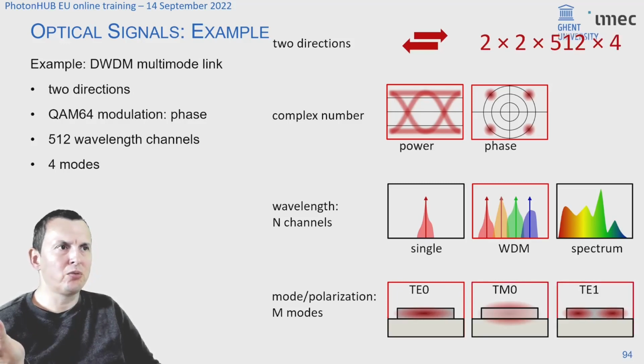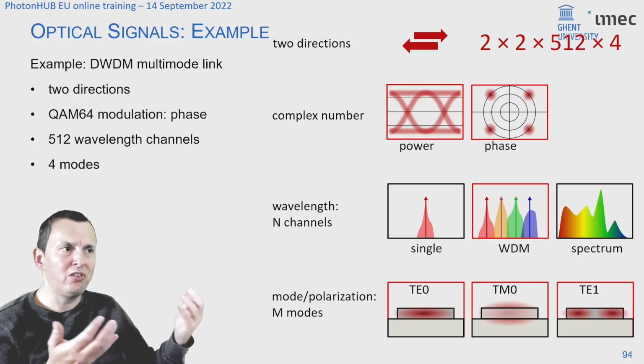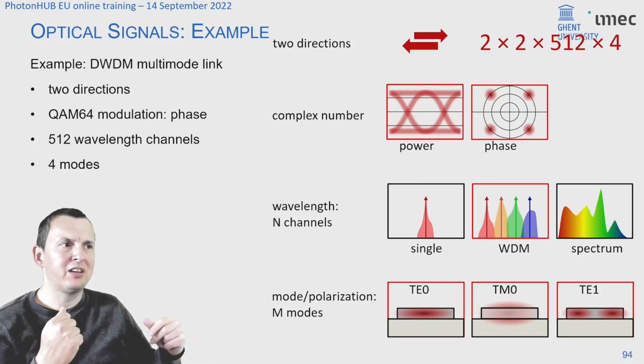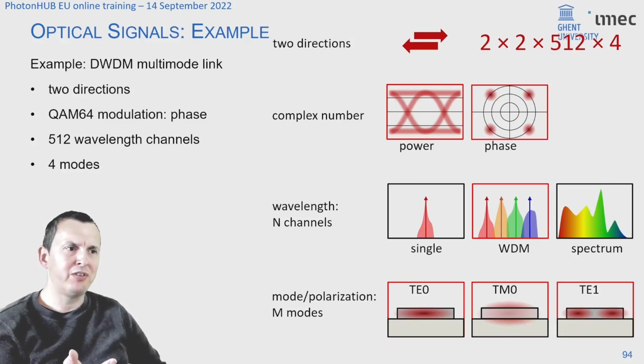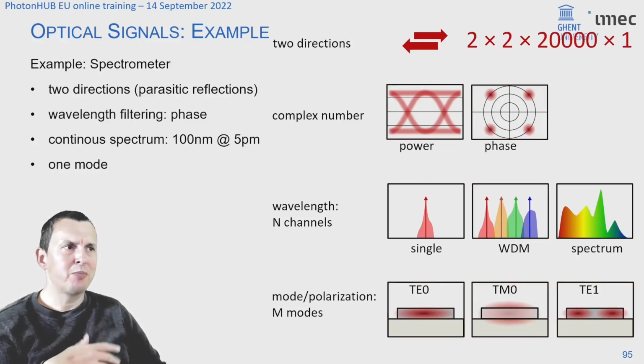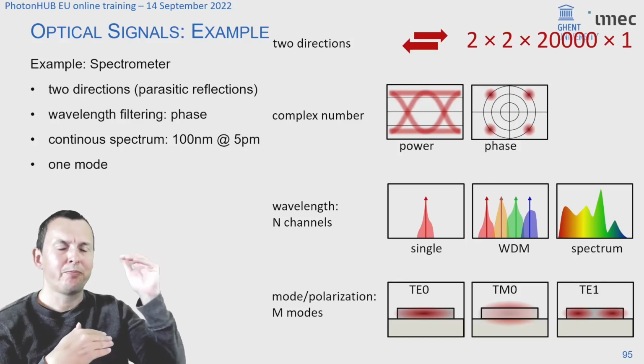If you go to dense WDM with hundreds of wavelength channels, and you want to correctly assess all the crosstalk, you need all of that, and you also use mode multiplexing, you go into the thousands of numbers for every time step. And if you want to make a spectrometer where you want to capture the full spectrum, let's say with a 5 picometer resolution, then you're talking about on the order of 100,000 numbers. So this can quickly become intractable.